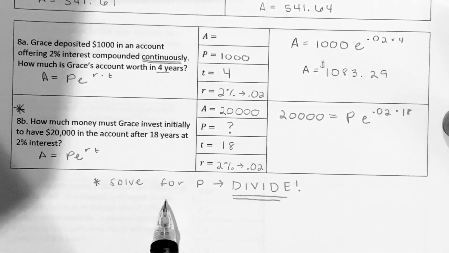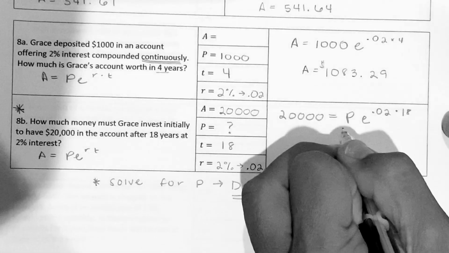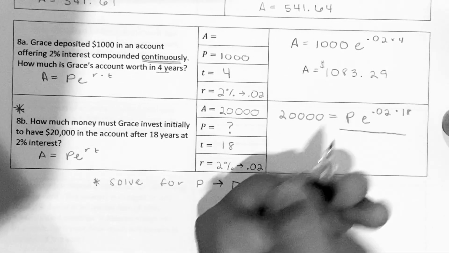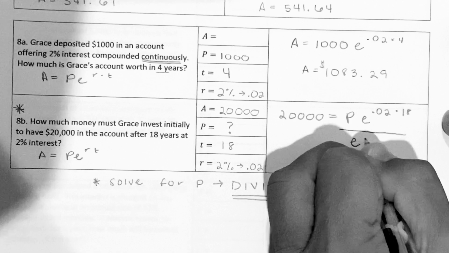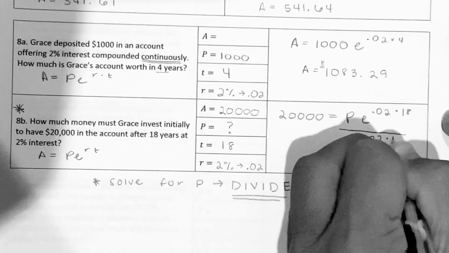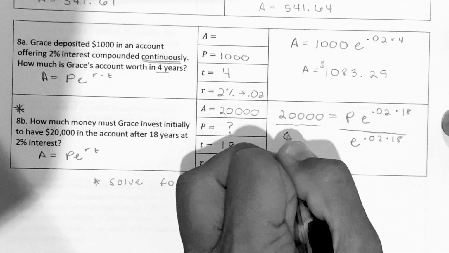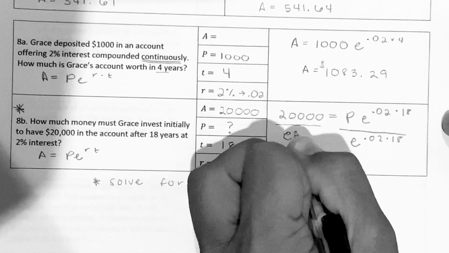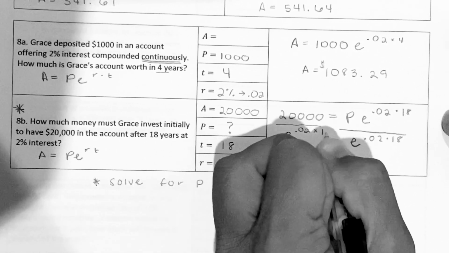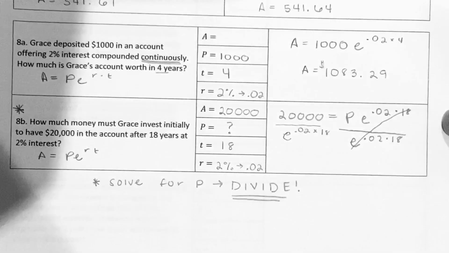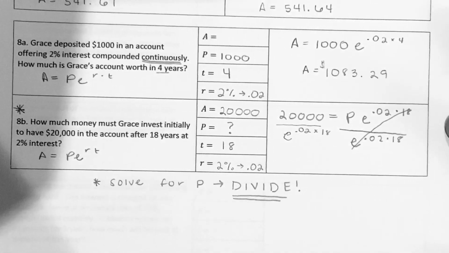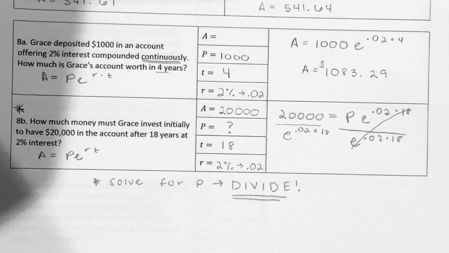Again, if you're solving for P, you're gonna have to divide. So in this case, I wanna divide by everything that's not P. I'm gonna divide by E raised to the 0.02 times 18. That will cancel all that out, and you'll be left with P by itself.